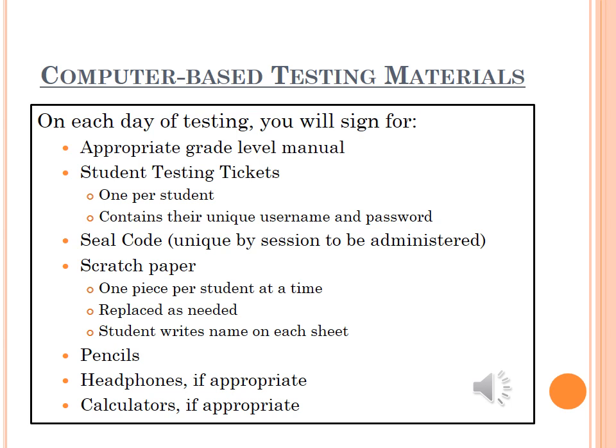Depending on how many students you have, for example, if you have 15 students, you will receive 15 tickets. These tickets are unique for each student. They have each student's name on them, and also on them is the student's username and password that they will use to log into the test and that the testing will use to identify them and their answers.